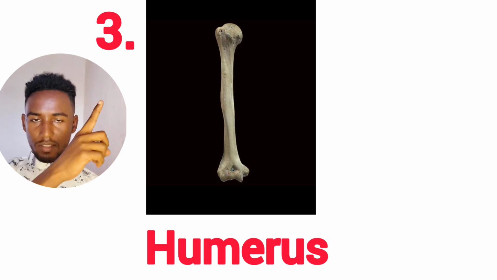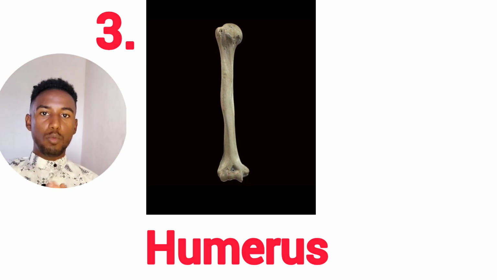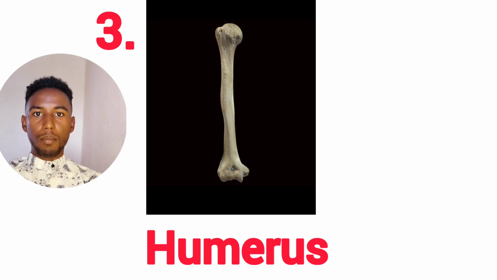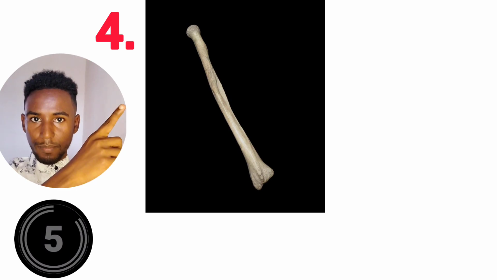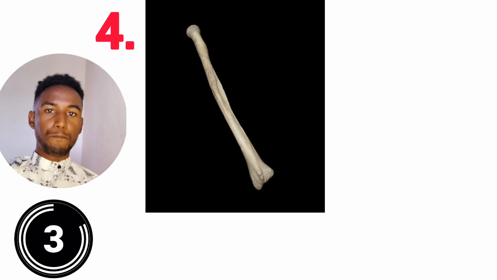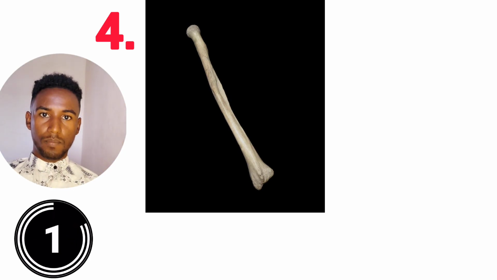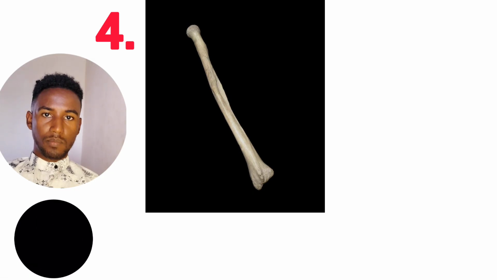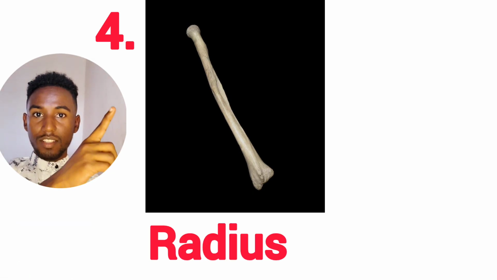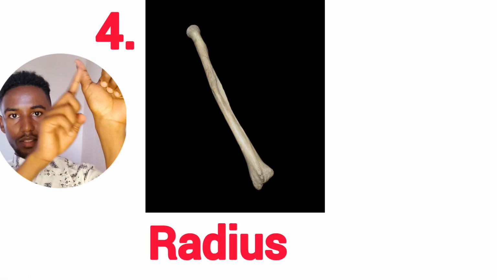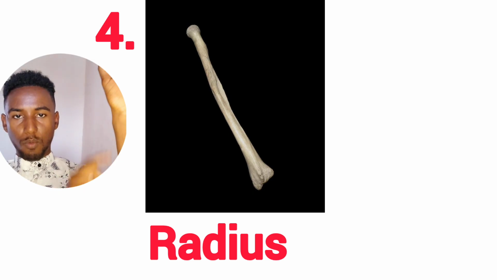This bone is called humerus, which is the bone of the upper arm. Can you name this bone? This bone is called radius. It is thumb side bone of the forearm.